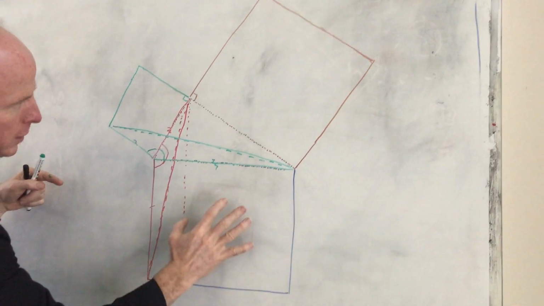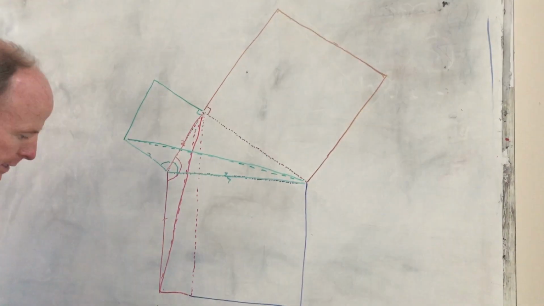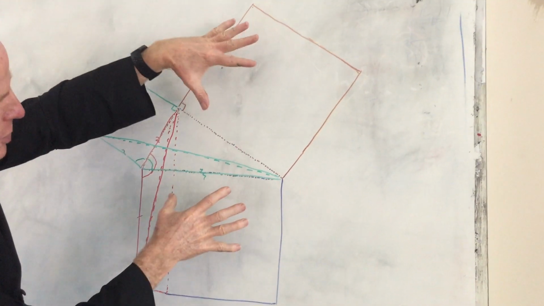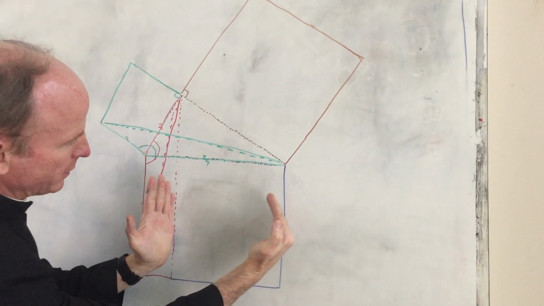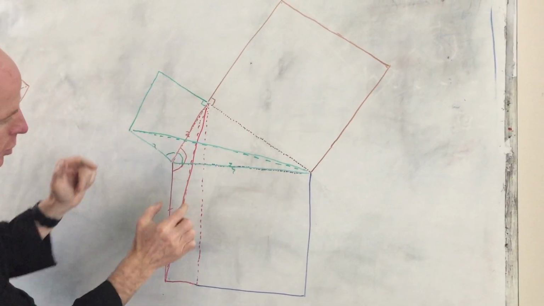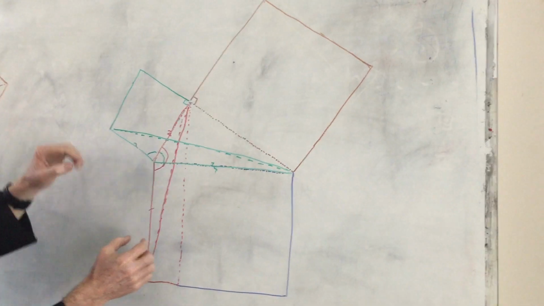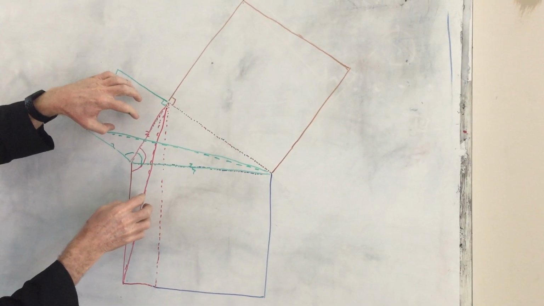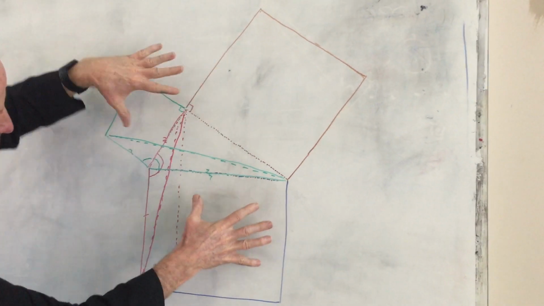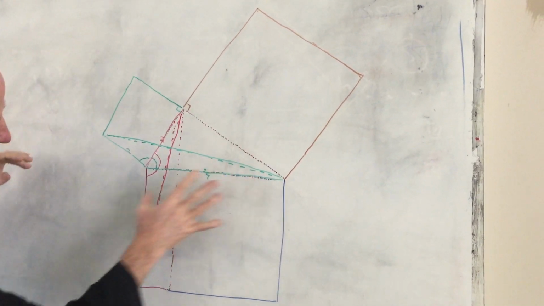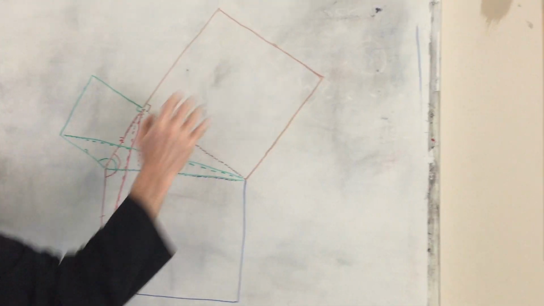So this whole is equal to this whole. Okay, so again, I'm going to repeat that. Earlier we showed that this big square is equal to part of the square. And we just showed that this square is equal to the other part of the square. Okay, so equals added to equals the wholes are equal. So this whole square is equal to these two squares.